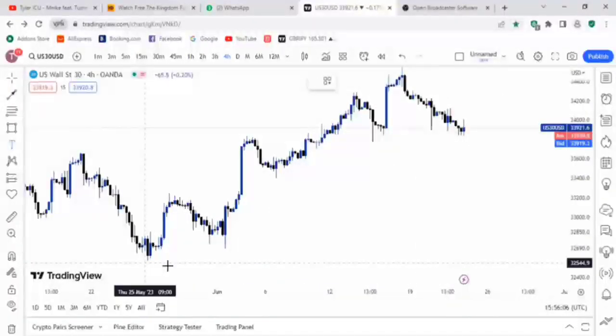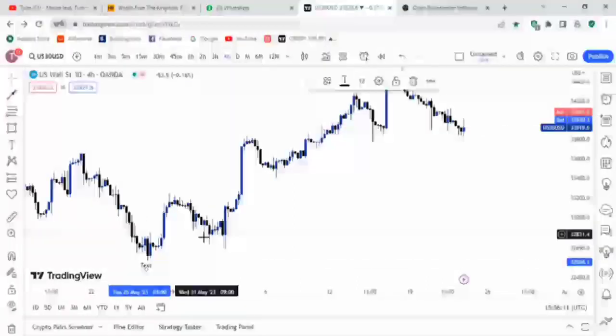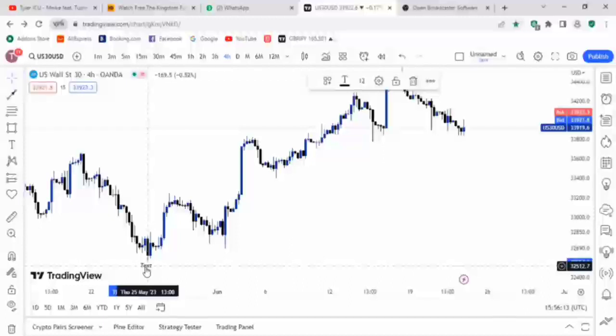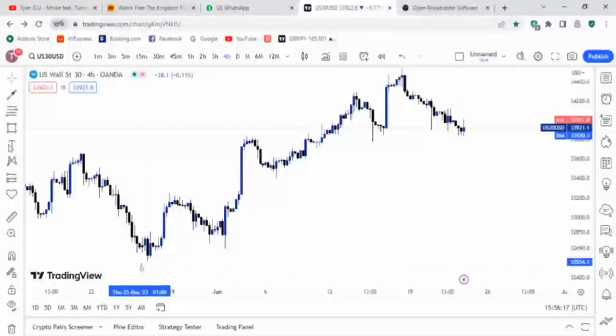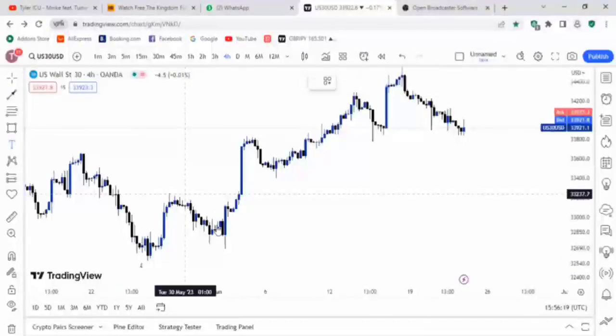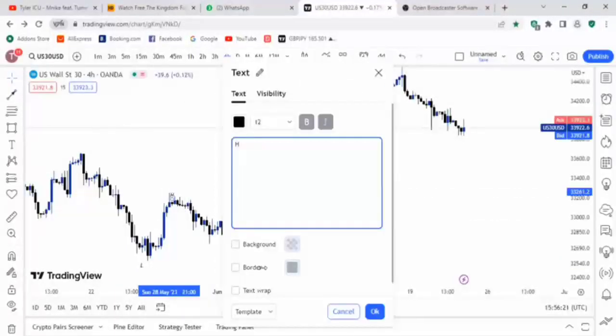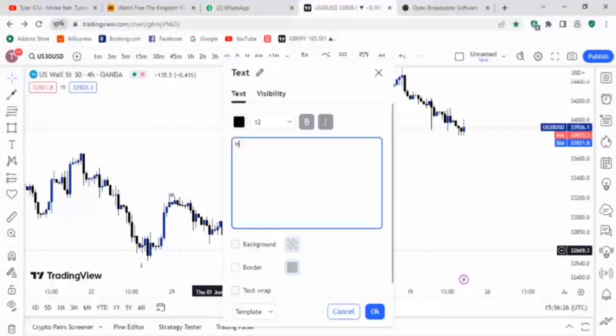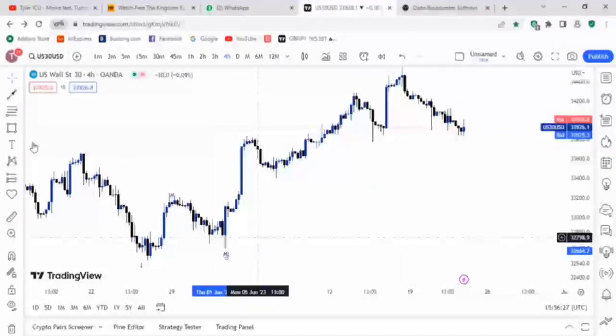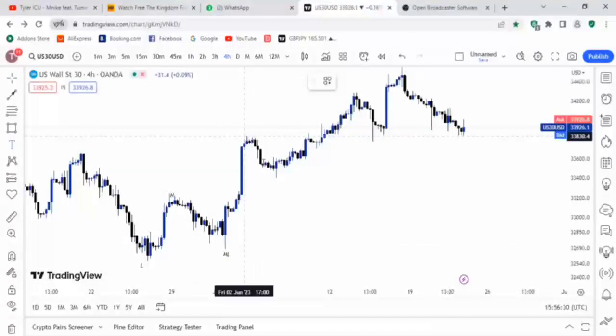This is our low. This is our high. This is our higher low. Remember that we are saying you are moving in an uptrend. This is going to be our higher high.